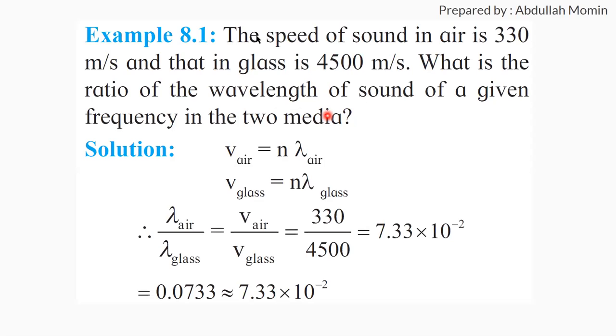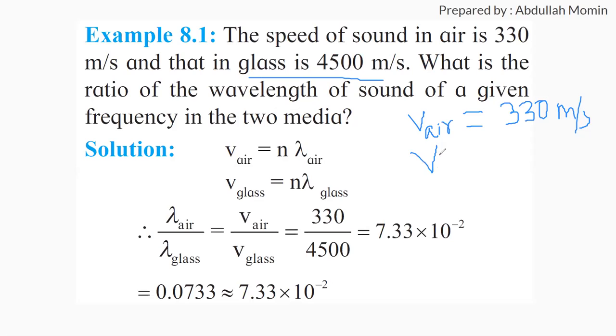So here what is given, the speed of sound in air, we can write it as V air. Speed of sound is denoted by V, and in air it is 330 meter per second, and the speed of sound in glass is 4500 meter per second.